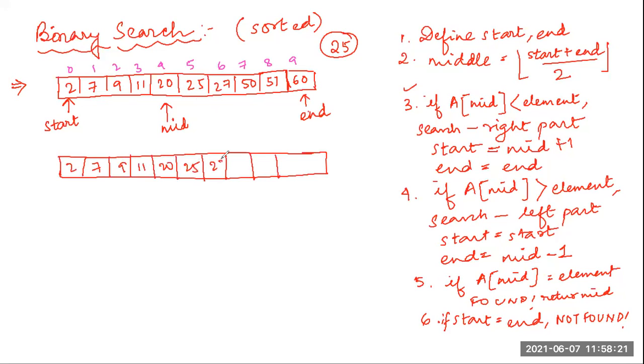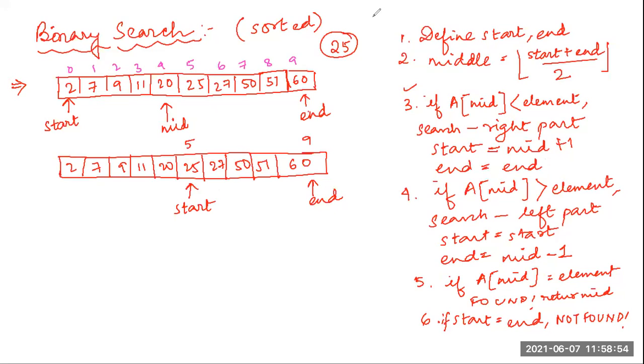In the next step, end will not be changed, and start is updated to mid plus 1. I started with mid at index 4, so mid plus 1 will be index 5. So this is my start, that is location 5, and this is my end, that is location 9.